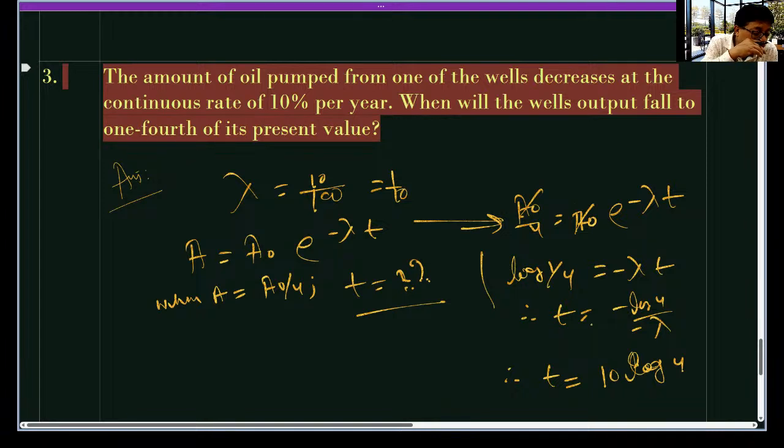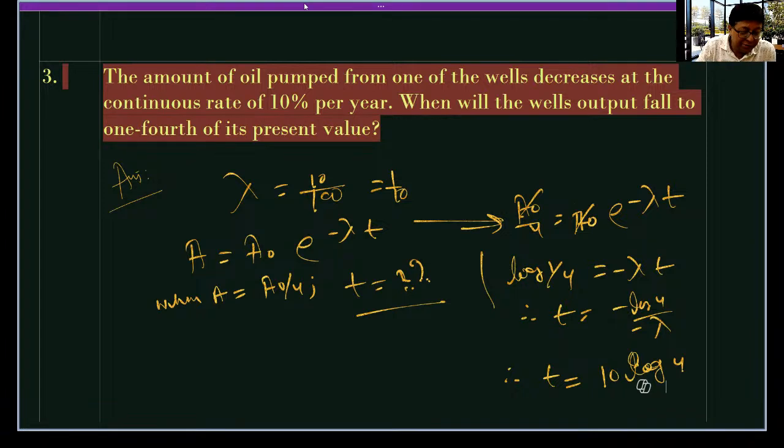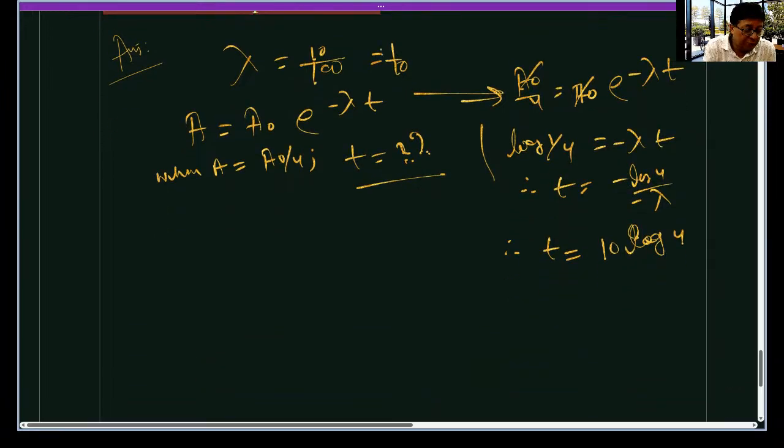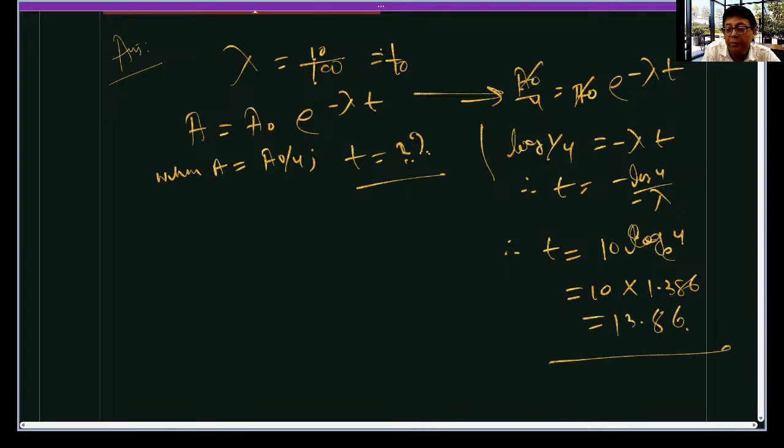Now substitute the value of log 4 to get the desired answer. Go to the table again. Base e, nothing is mentioned, means base is e. Its value is showing here, 13.86 years. Understood? Go for the next one.